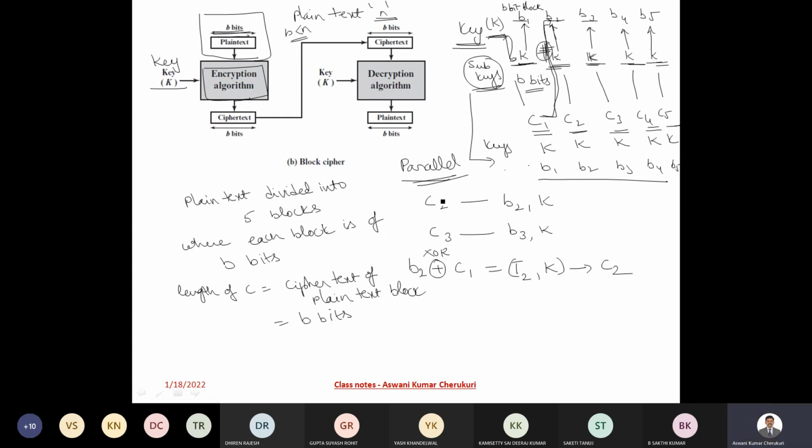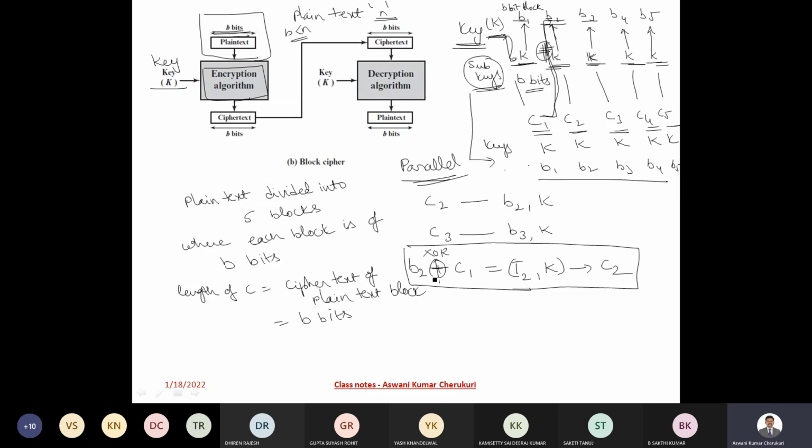What we are discussing now is taking the output of each block. For the second block, that is B2, before processing B2, I am combining it with the ciphertext of B1. How am I combining it? With the typical XOR operation, bitwise XOR.